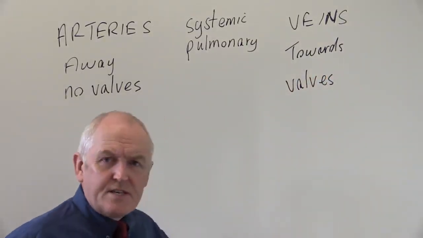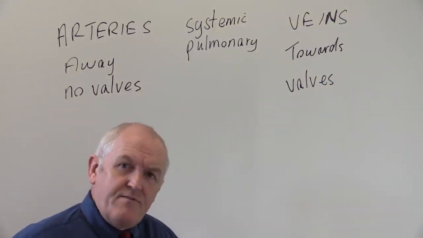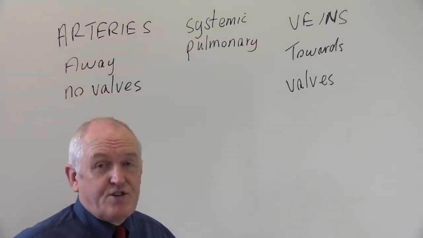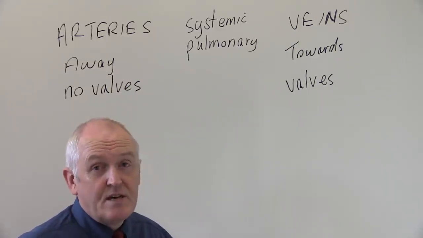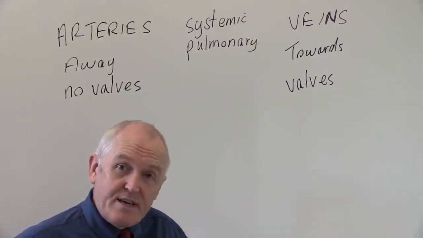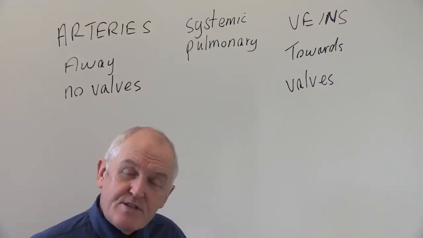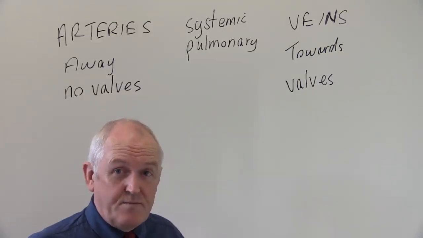Now, the reason for this is that the blood goes through the tube of the artery under the influence of the blood pressure generated by the contraction of the heart. In the case of the systemic circulation, under the pressure generated by the left ventricle. In the case of the pulmonary circulation, under the pressure generated by the right ventricle.